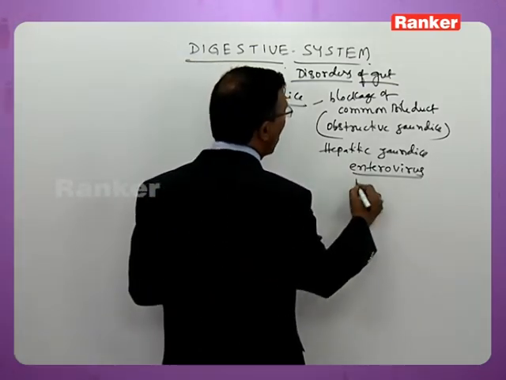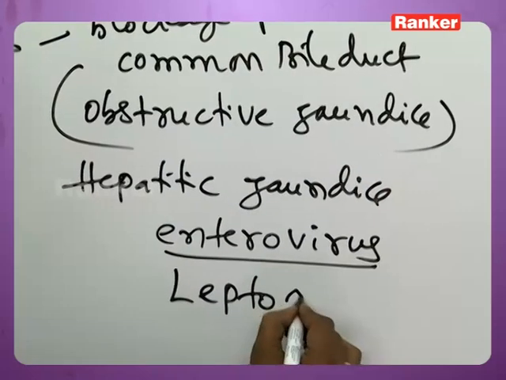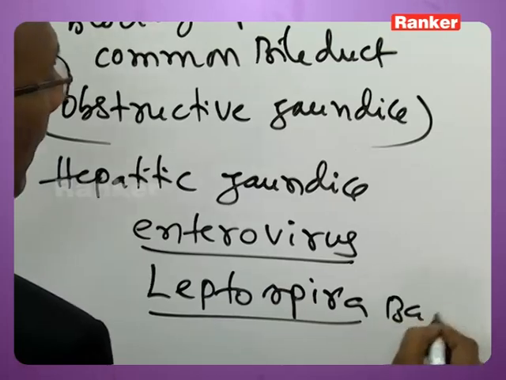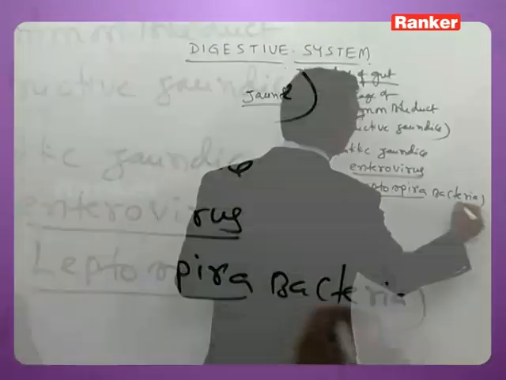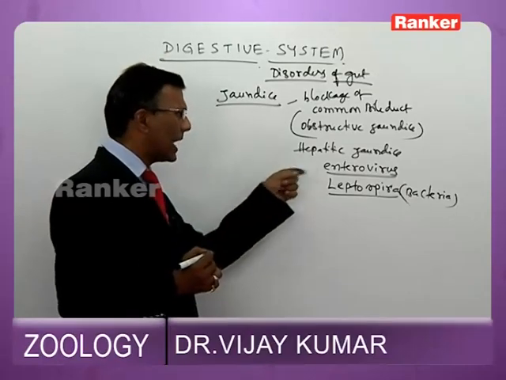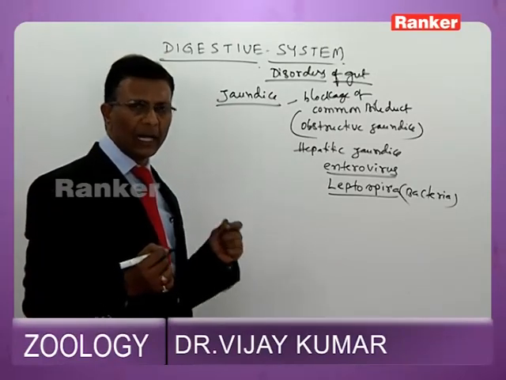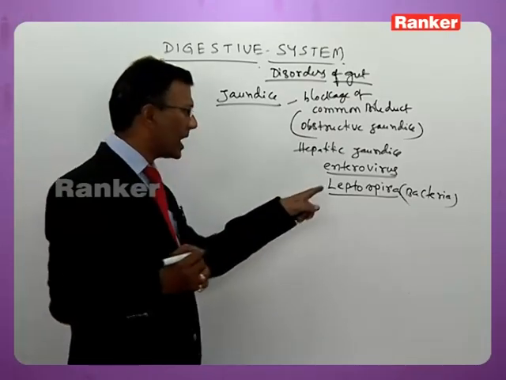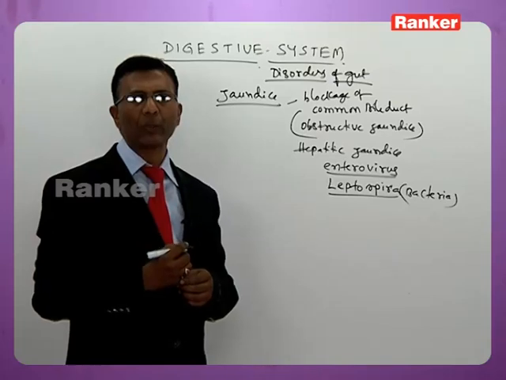Sometimes a bacterium called leptospira also causes hepatitis. Invariably it is caused by enterovirus. Rarely, you find incidences of jaundice being caused by the leptospira bacterium.